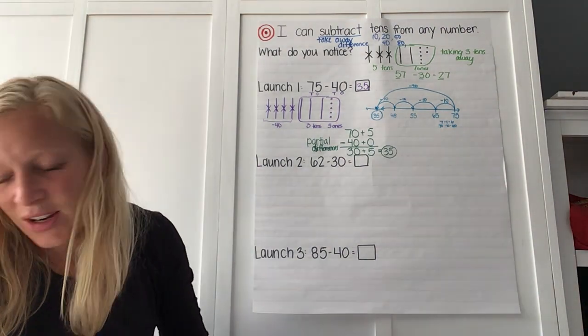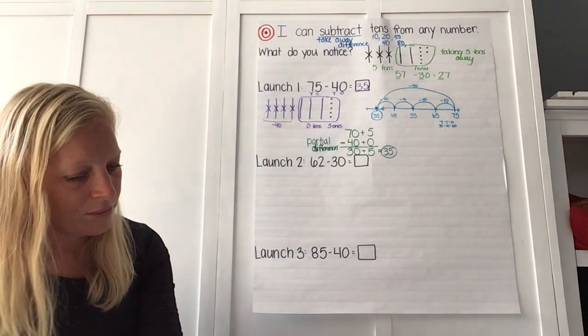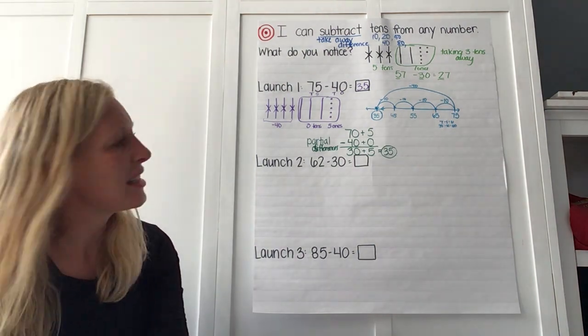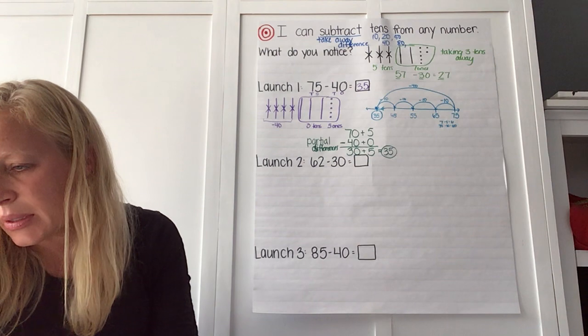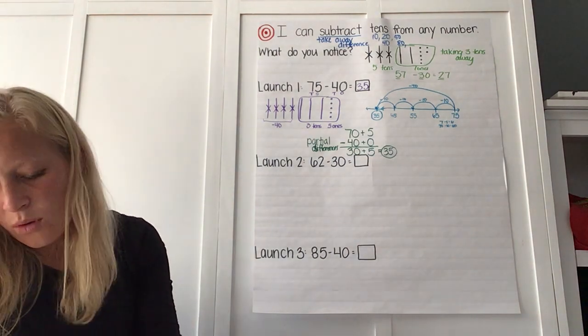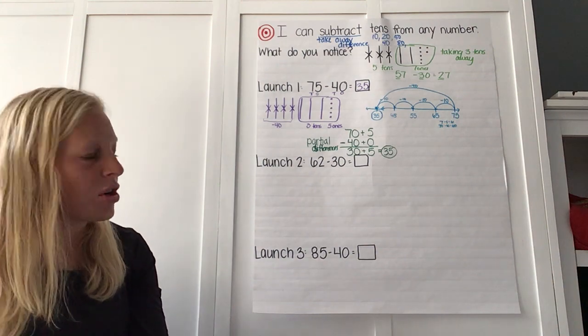A base 10? So where's your 62 with your base 10 model? What are you going to do next? Are you taking away tens or ones? Why is that? And where is that in your equation?